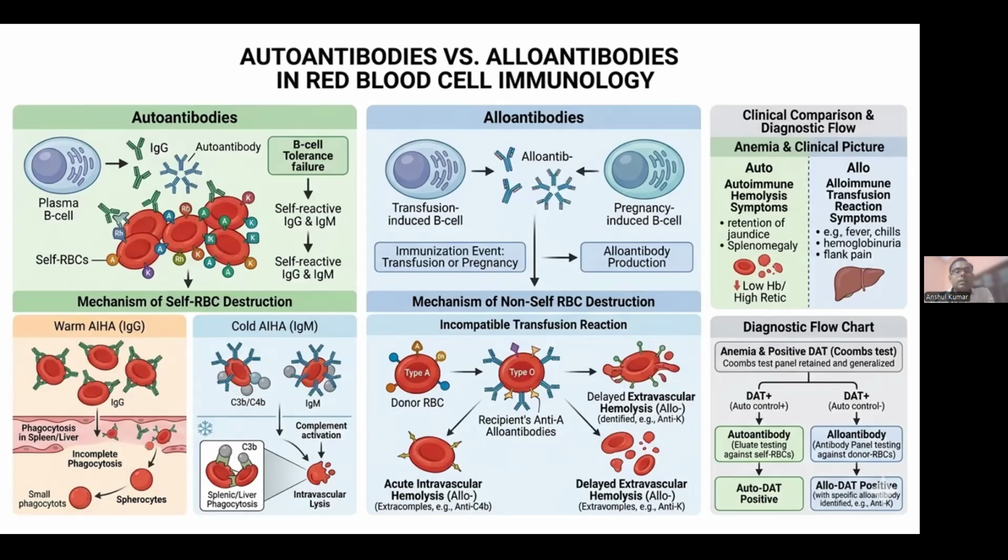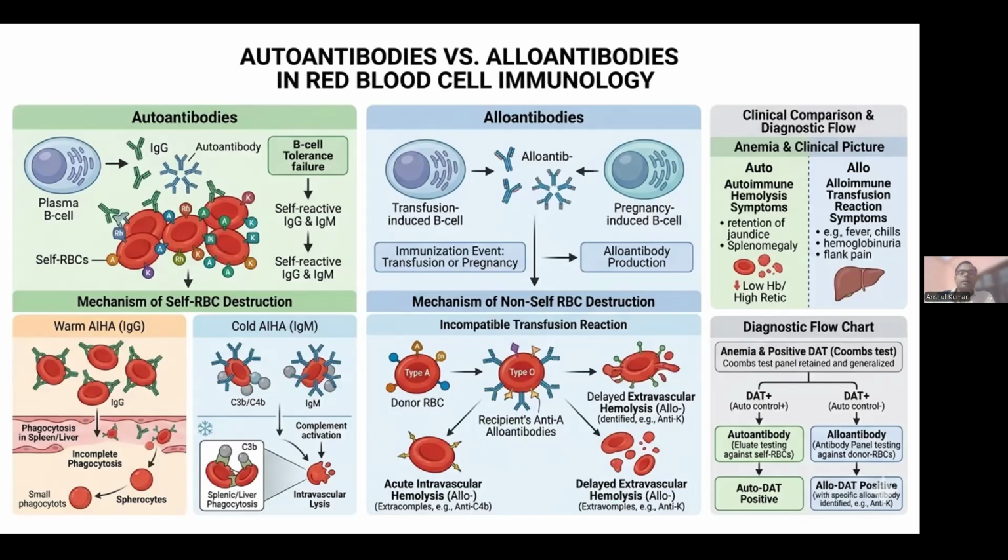Here you can see alloantibodies, that is, transfusion-induced B cells or pregnancy-induced B cells in which alloantibodies are formed, and then the immunization event takes place, that is the transfusion or pregnancy, or alloantibody production. The immunization, which is also called alloimmunization, is not a condition of immunity.